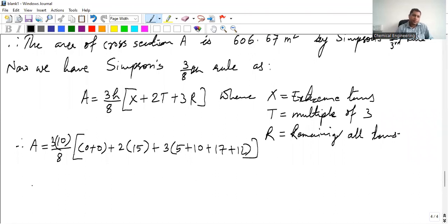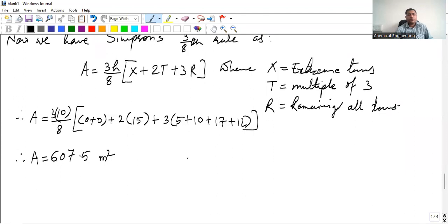So now tell me what is the value you are getting for this calculation? 607.5. So it is going to be meters square.